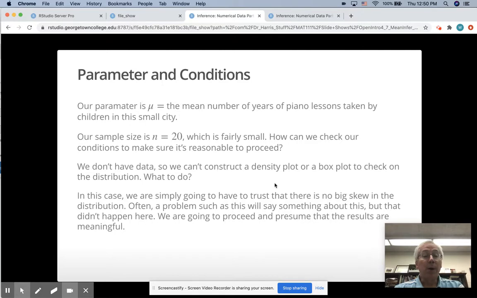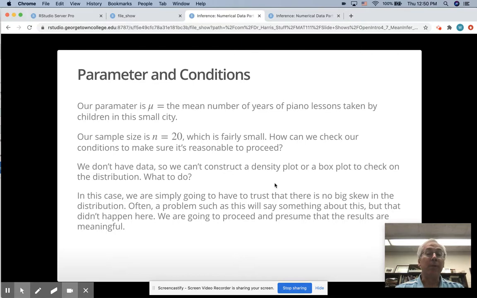That's pretty small. And the question that we should always want to ask ourselves is, should we even bother to proceed? And this is one of those cases where we actually weren't given any access to what the data looks like, how symmetric or skewed it is. We have nothing. And so we generally should not do this if we can possibly avoid it, but we can't avoid it here.